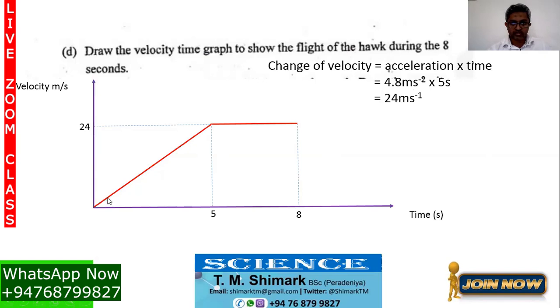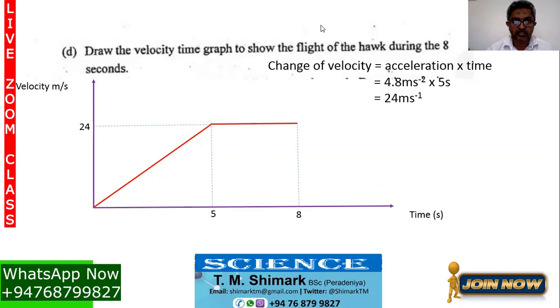For the velocity time graph, put time on the x-axis and velocity on the y-axis. For the first 5 seconds it was accelerating, gaining velocity, and then it reached 24 meters per second and continued with that for 3 seconds. So this will be like this.